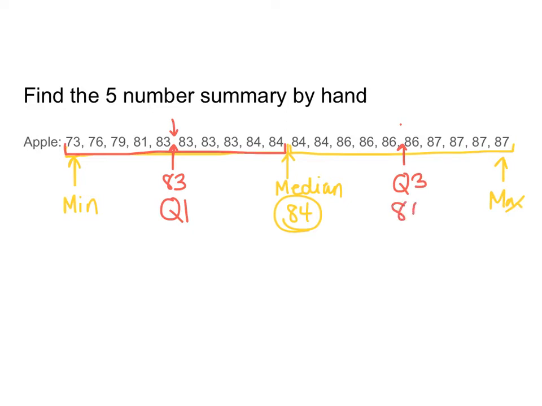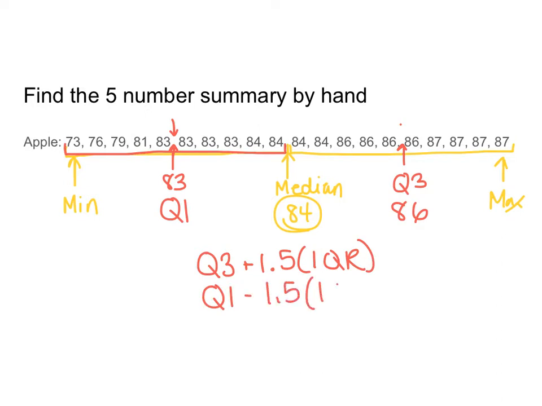Now, it is possible that I have an outlier, so a quick refresher of how to find your fences, your upper and your lower fence, would be to take quartile 3 plus 1.5 times the interquartile range would give you your upper fence, whereas your lower fence is 1.5 times the IQR subtracted from quartile 1.